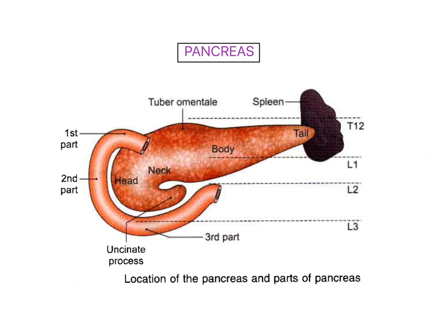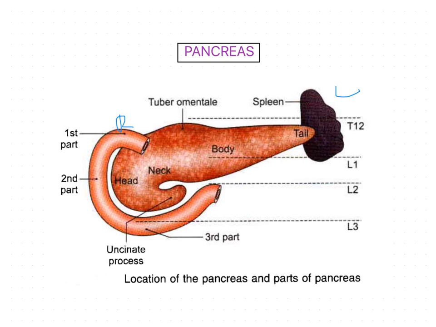The pancreas is a soft, lobulated, yellowish gland which is situated on the posterior abdominal wall, extending obliquely from the concavity of the duodenum on the right side to the hilum of the spleen on the left side.